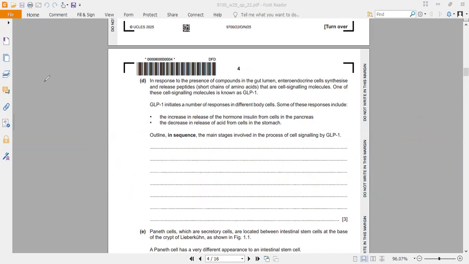Some of these responses include the increase in release of the hormone insulin from cells in the pancreas, the decrease in the release of acid from cells in the stomach. So outline in sequence the main stages involved in the process of cell signaling by GLP-1.